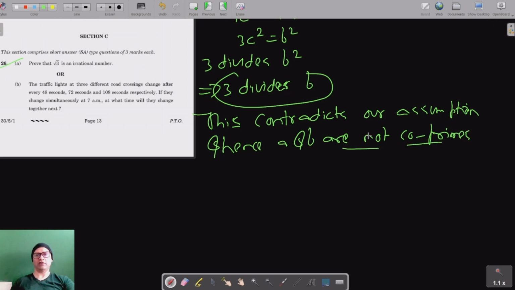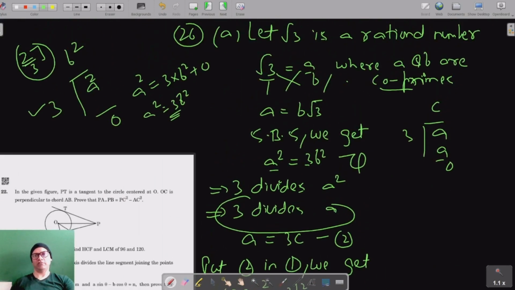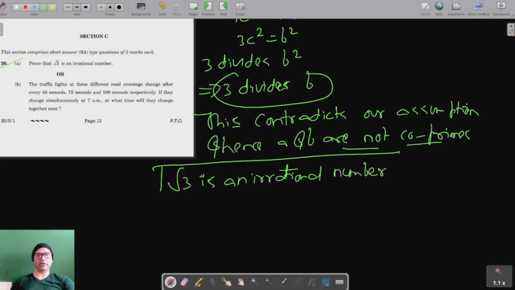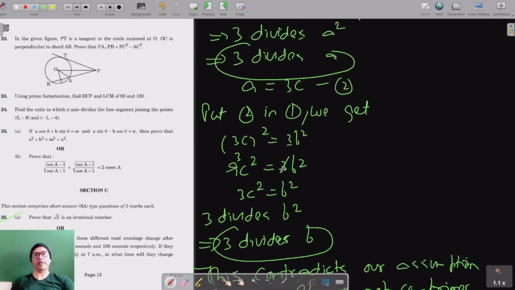If a and b are not co-primes, that means root 3 is not a rational number, but is an irrational number. So root 3 is an irrational number.